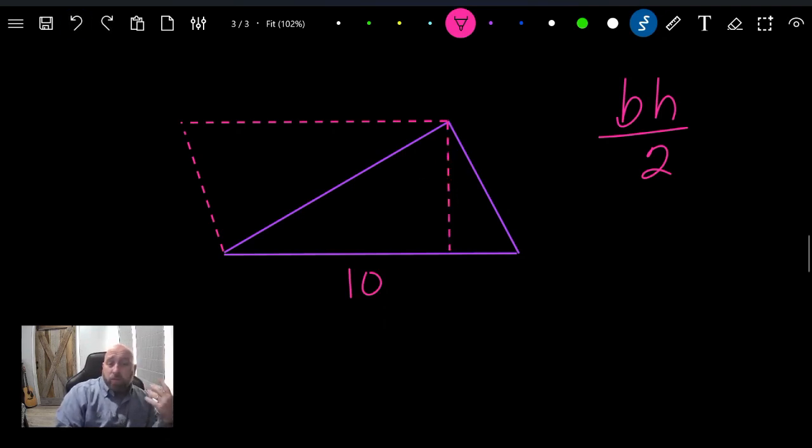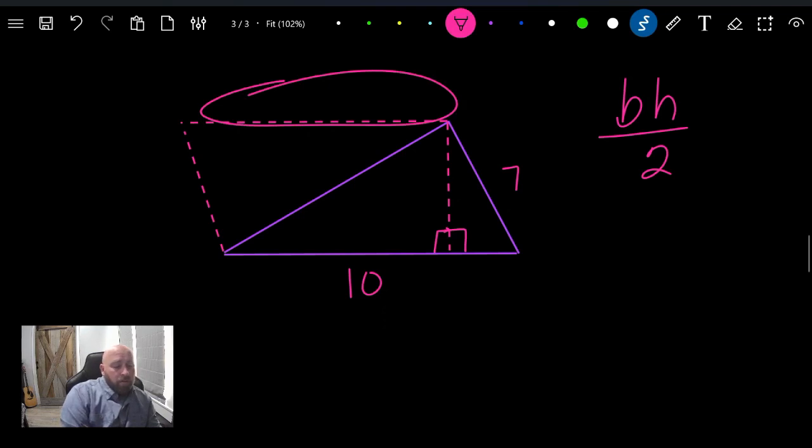Now, as we keep going in geometry, they're going to make you figure things out, because if you look right here, we have another set of right angles. So maybe they'll give you the slant height again. They'll give you this side, and they'll say, okay, this side is 7. And then they'll say maybe that this up here is something.